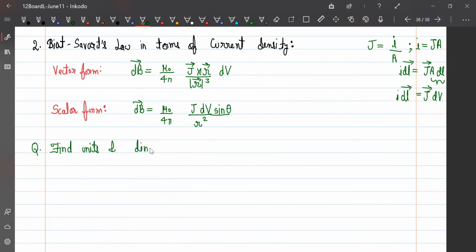Find units and dimensions of magnetic field. अच्छा, इसके लिए रिलेशन कौन सा यूज करना है? सबसे सिंपल वाला ये होता है F is equal to qvB. F force, q charge, v speed, B is magnetic field. तो ये रिलेशन यूज करेंगे तो डायरेक्टली आ जाएगा। ये वाला यूज करेंगे तो complicated हो जाता है। Find the SI units and dimensions of magnetic field.